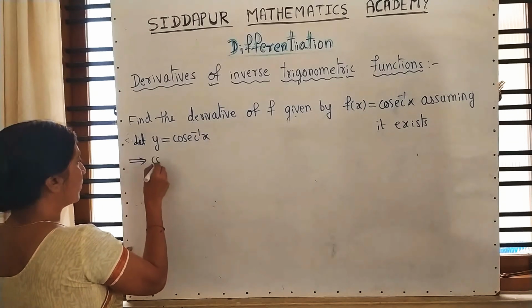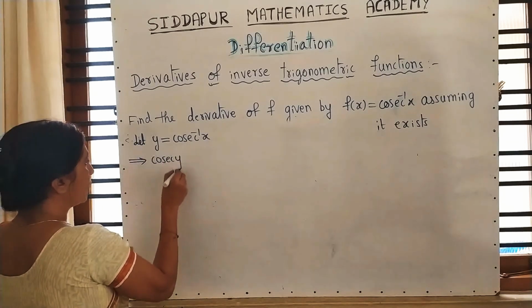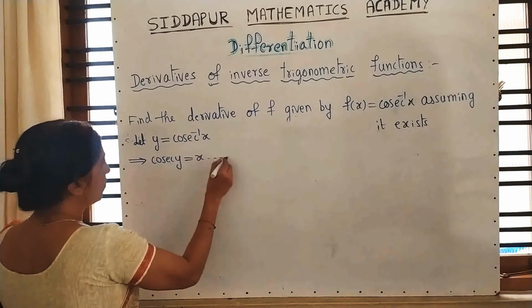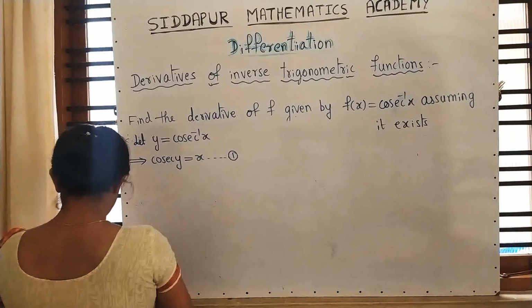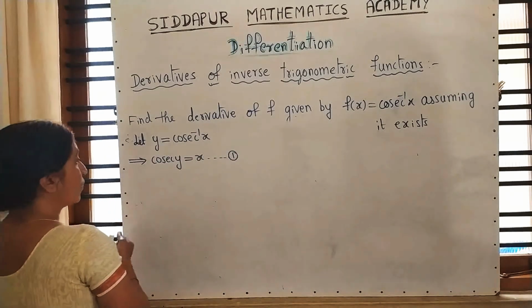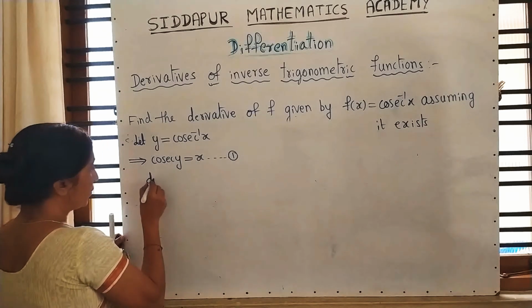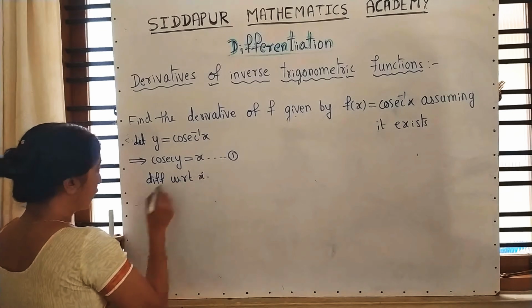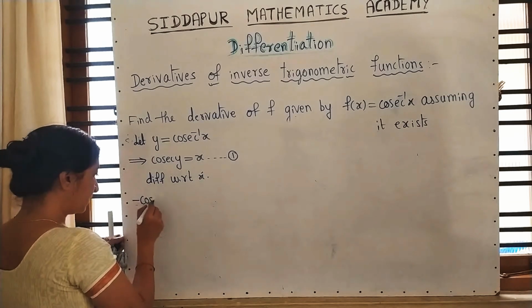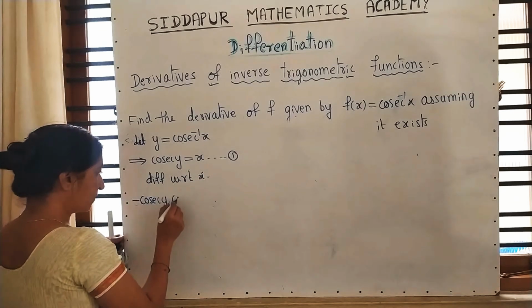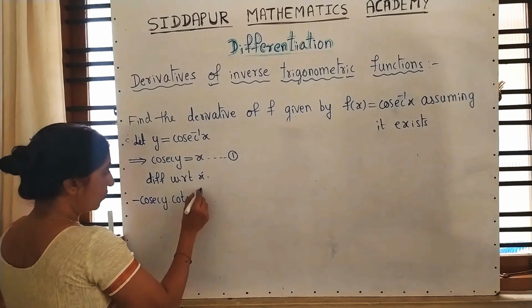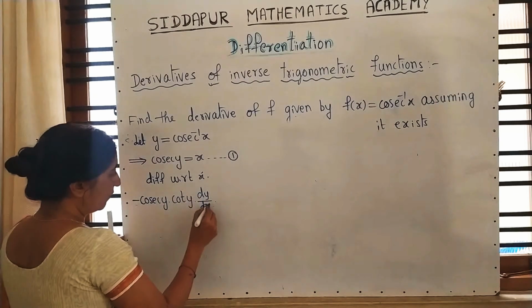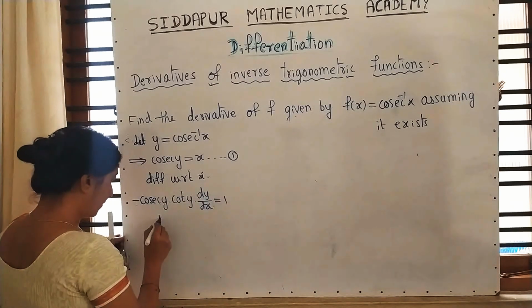Take cosec inverse on that side. Cosec y is equal to x. Equation 1. And differentiate this. Differentiating with respect to x. Differentiation of cosecant is, and because of other than angle x, dy upon dx is equal to 1.